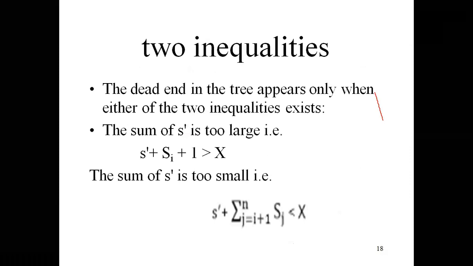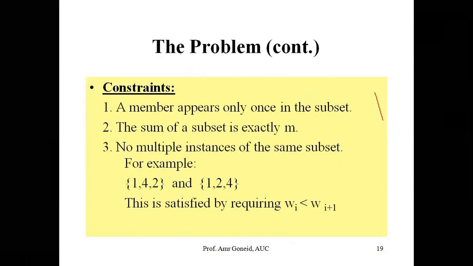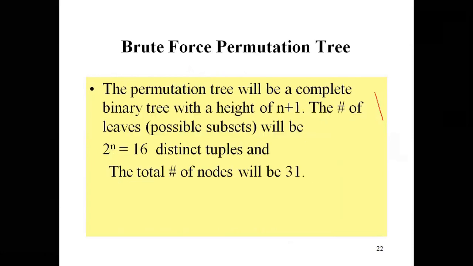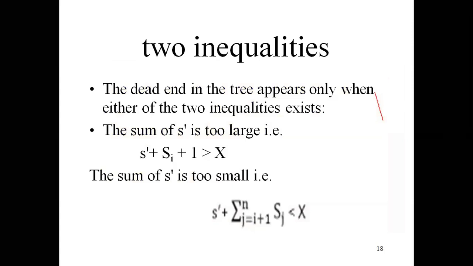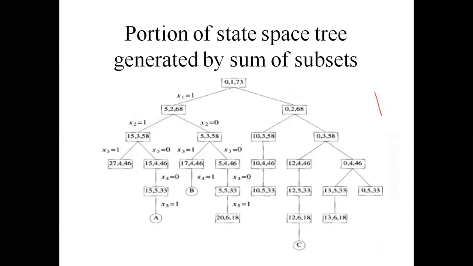There is a dead end in the tree only when either of the two inequalities exists. When there is an inequality, then a dead end is reached. So instead of the brute force approach, if we go for backtracking to solve the same problem, a lot of time will be saved, because unnecessary paths you can kill.